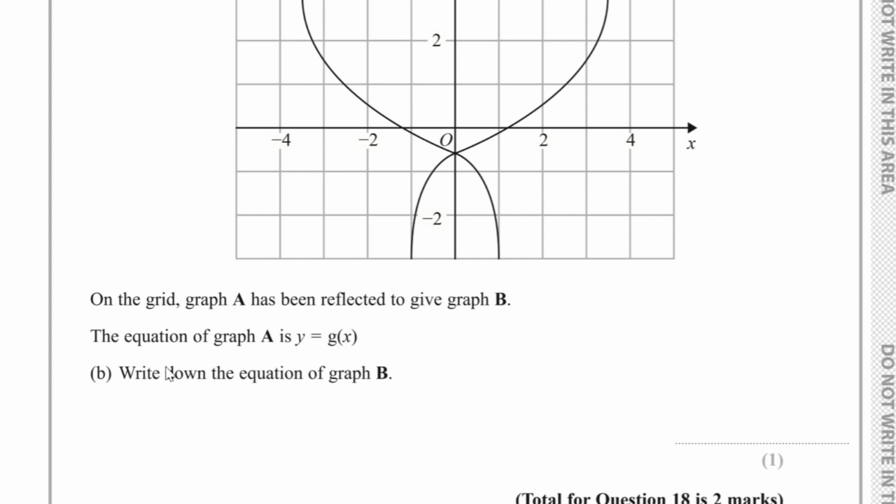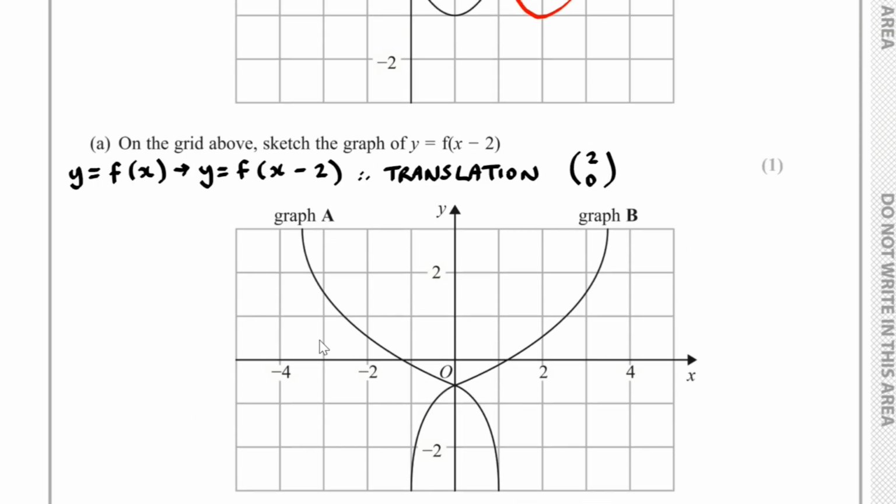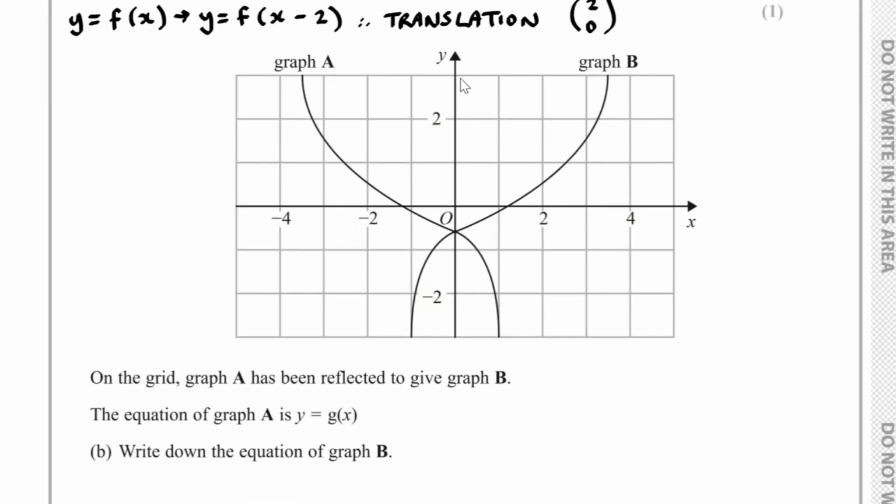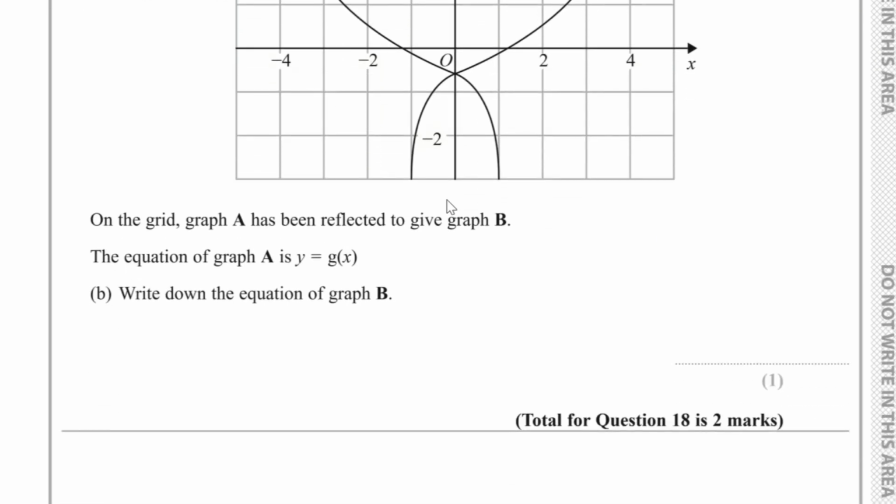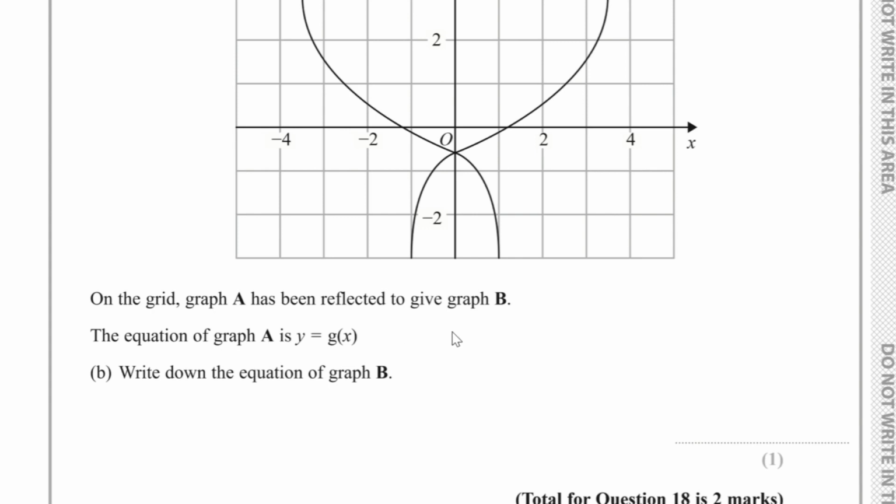We have to write down the equation of graph B. Well, if I think about where this graph has been reflected, graph A has been reflected in the y-axis to give graph B. So, from A to B, we have a reflection in the y-axis.